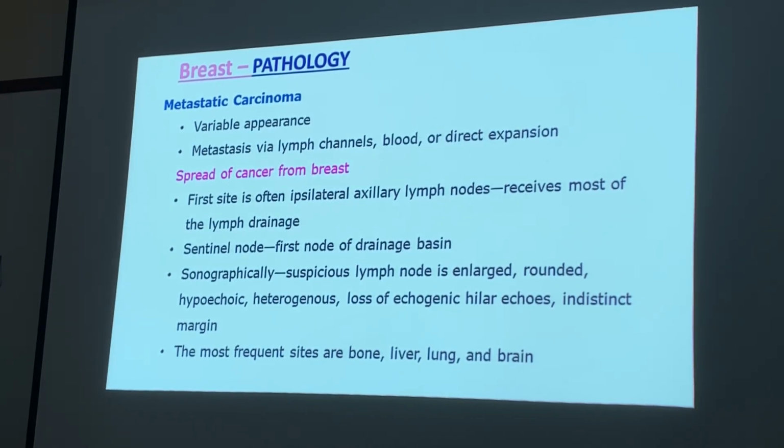Again, those most frequent sites are bone, liver, lung, and brain. And it makes sense that the ipsilateral, meaning same side, axillary lymph nodes are going to receive the metastasis first.